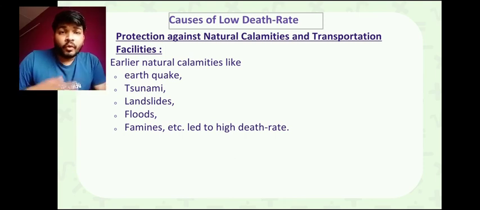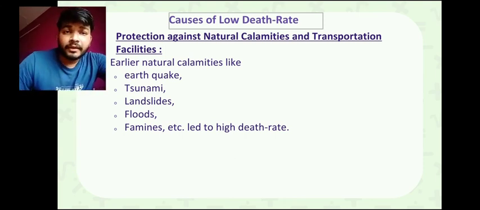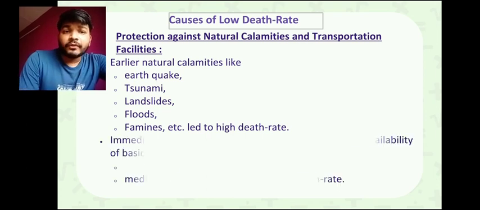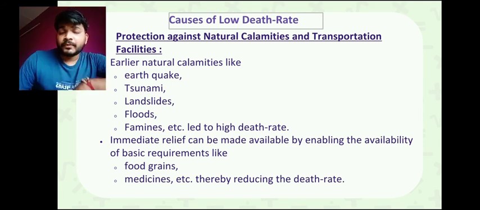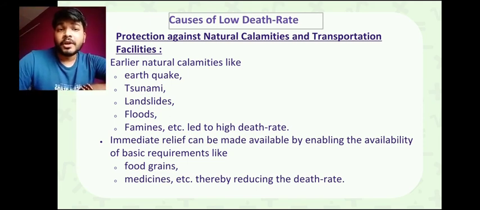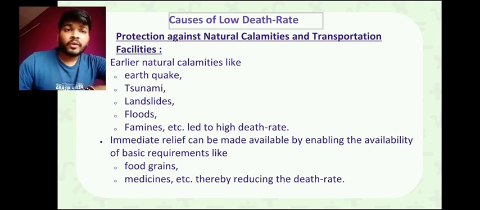So to overcome this, it is the responsibility of the country or the government itself. Because of this advanced technology we know the climatic conditions. Still we find that some people are dying in this situation, but many of them are being saved.